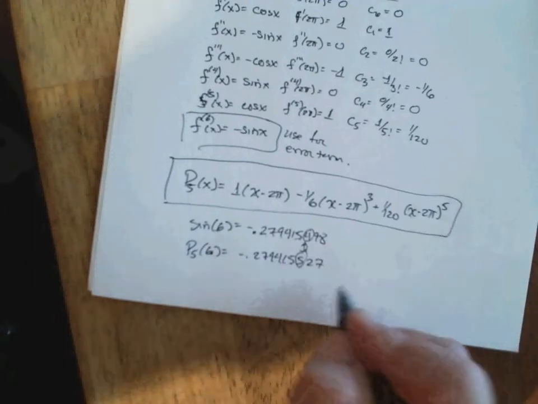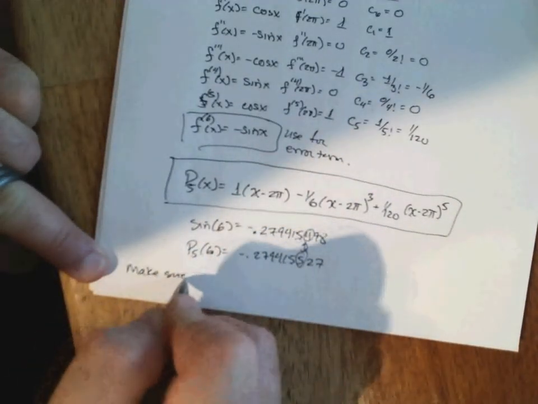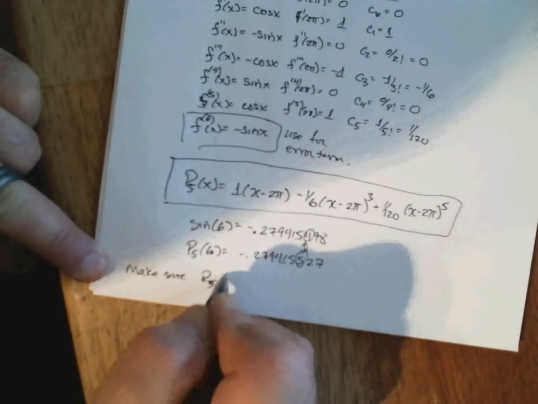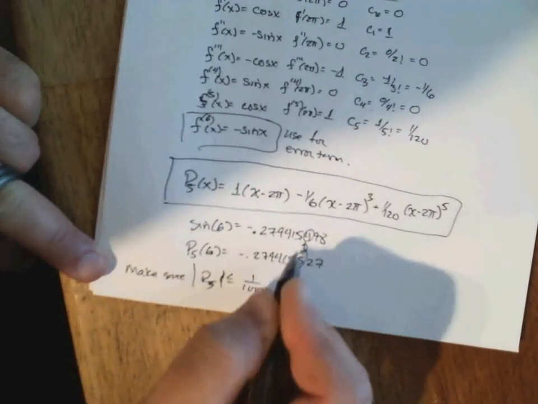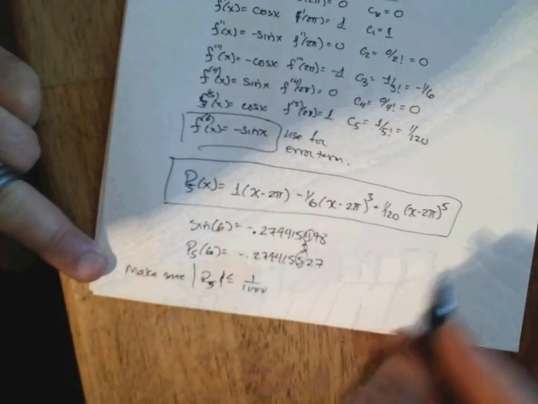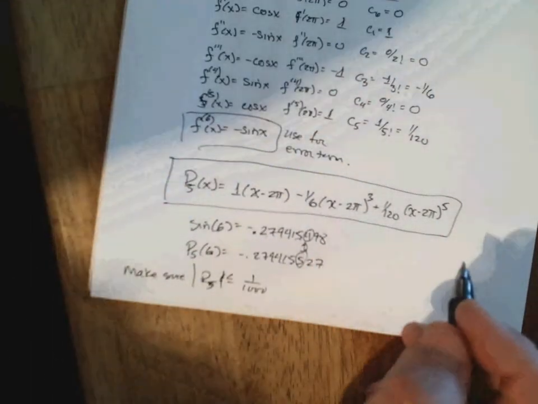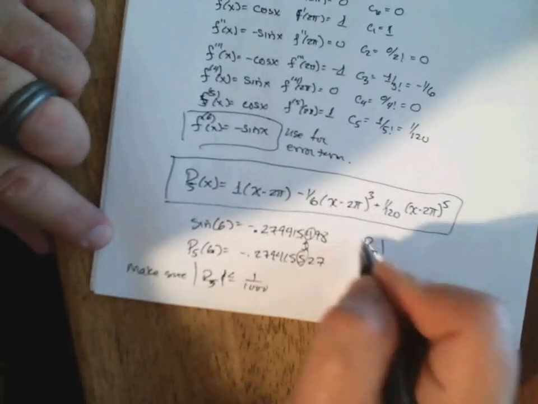Okay. All right. So now we want to make sure that our remainder in this case is less than or equal to 1 over 1,000. Of course it's going to be. We see that there. But let's use the theorem to tell us if that's true.